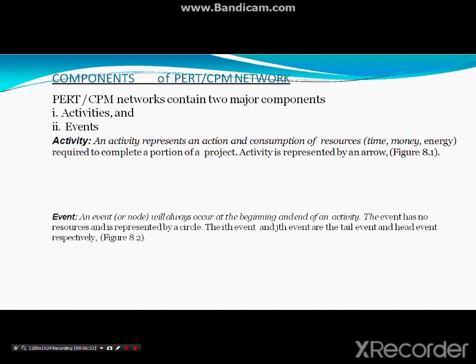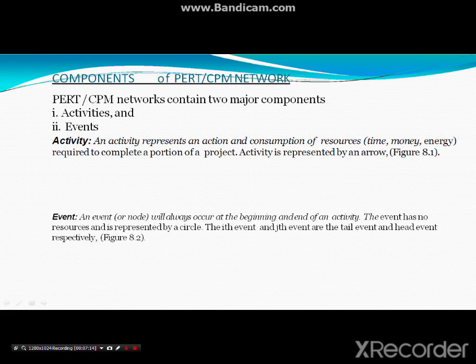So the different components of PERT and CPM are activities and events. What is an activity? An activity represents an action and consumption of resources. Resources can be time, money and energy required to complete a project.